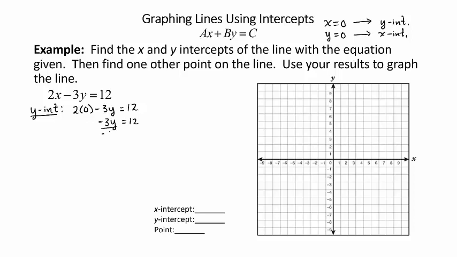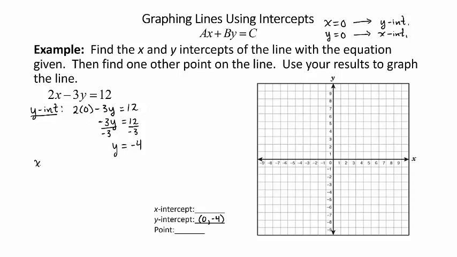I'm going to divide both sides by negative 3. So y is equal to negative 4, since 12 divided by negative 3 is negative 4. If we let x be 0 and we found that y is negative 4, then we know that the y-intercept is 0, negative 4.